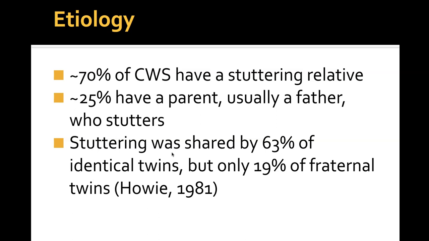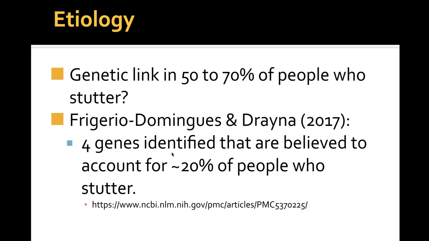But only in the now pretty old Howie study from 40 years ago, only 19% of fraternal twins stuttered. So, right, that tells us that stuttering definitely has a genetic basis, but it's not 100% genetic, right? There are other factors involved.